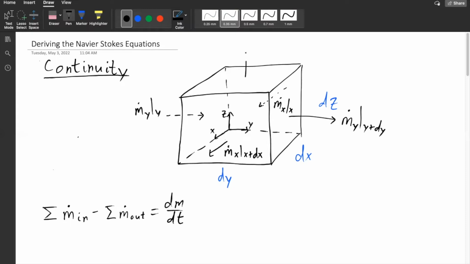And lastly, we have our mass flow rate in the z direction: m dot z at z and m dot z at z plus dz.